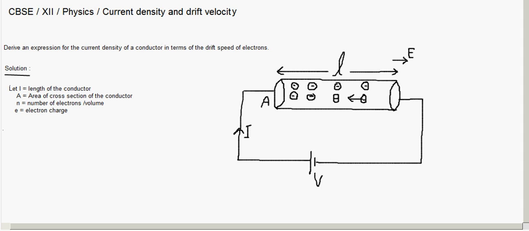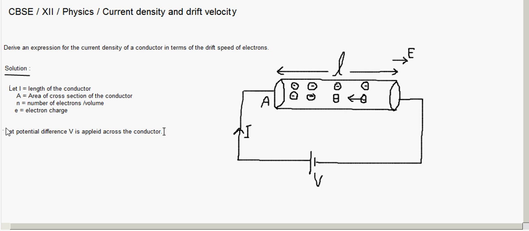Next you write: let potential difference V be applied across the conductor of length L.